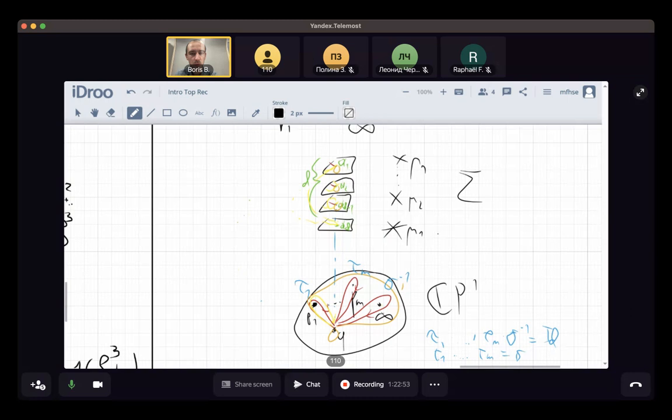But this m factorial should not in fact correspond to the geometric picture; you need to add this 1 over m factorial manually. We moved it from the definition.